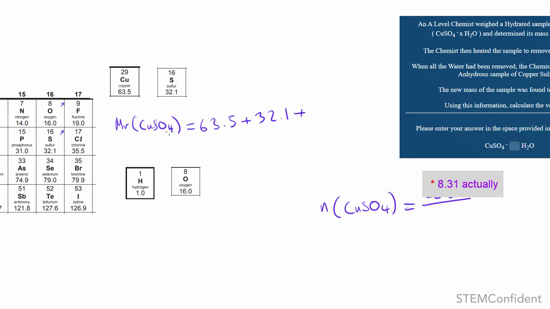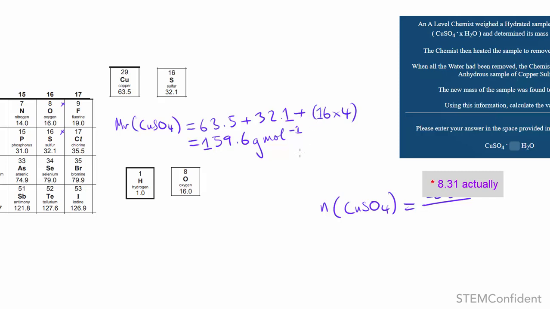And then oxygen, that's actually multiplied by 4, so that's going to be 16 times 4, right? And if you work that out, that's going to give you the molar mass in this case, which is 159.6, and that's going to be in grams per mole, right?